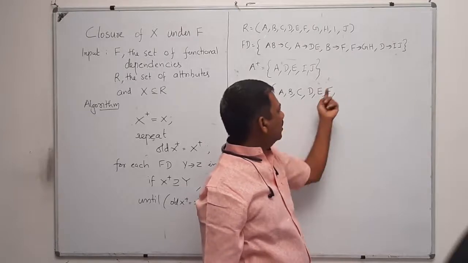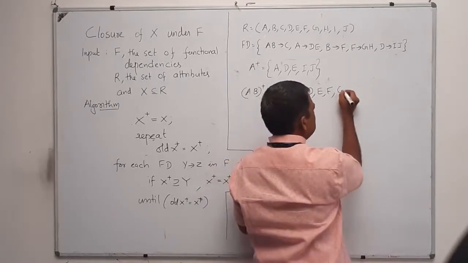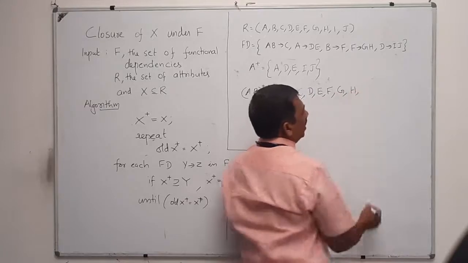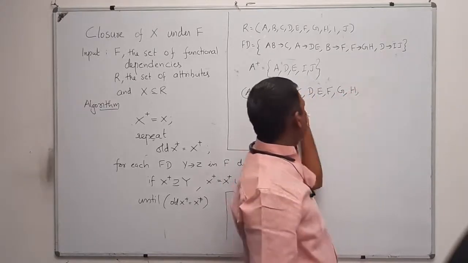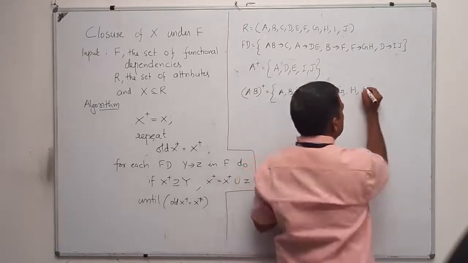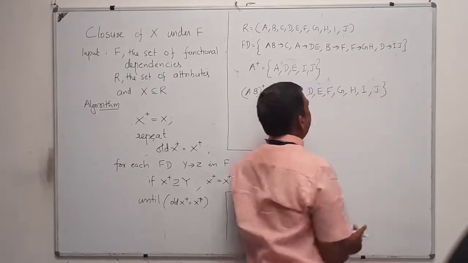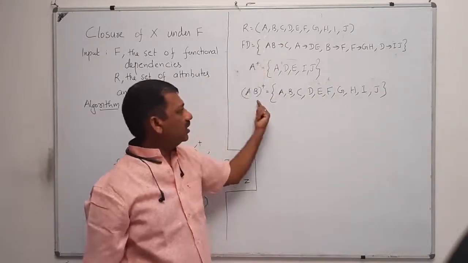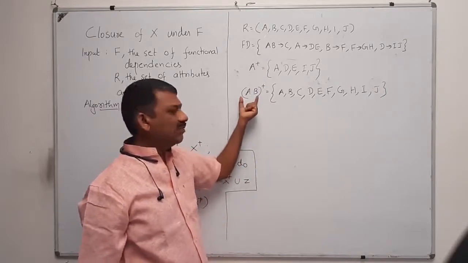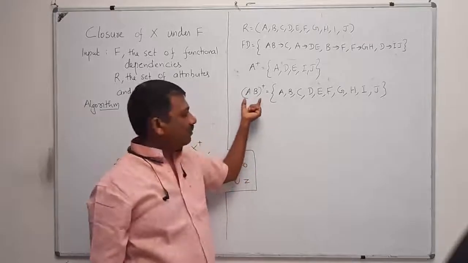F determines GH. F is present here, so you have to include GH. And now what about D? D is a subset of this. This is I, J. That means every attribute is included in AB plus. So this AB can be chosen as a primary key. That is the closure of AB plus.